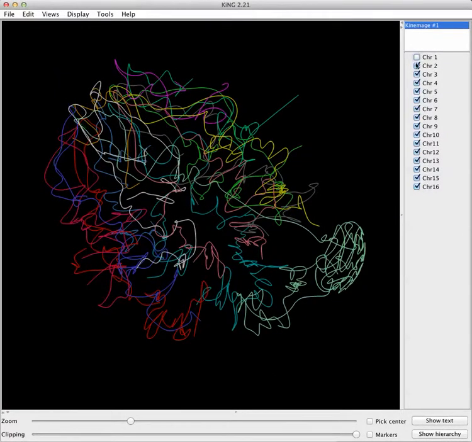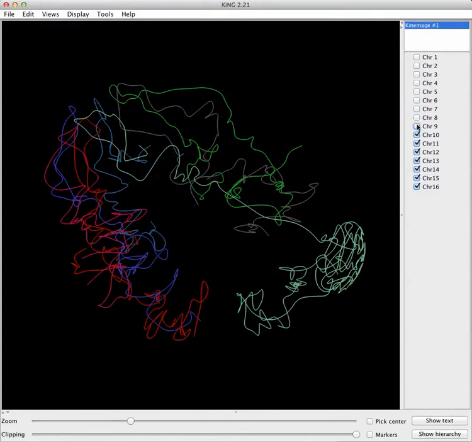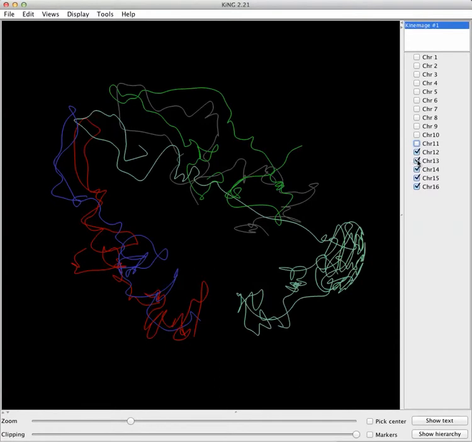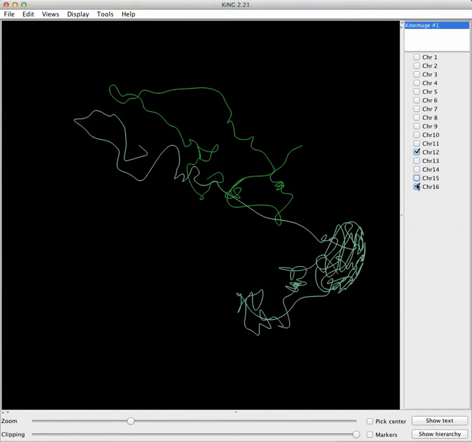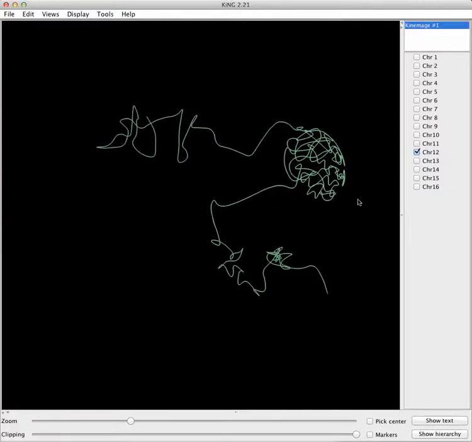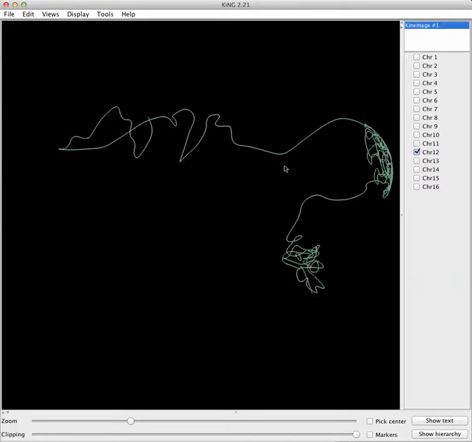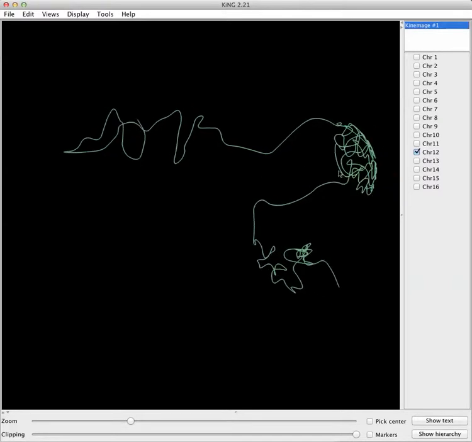Now, the most stunning aspect of this nuclear structure, at least to my way of thinking, is this chromosome 12. When you see this thing here, again, the resolution is only medium, but this is the only case in yeast where there's a whole huge clump of chromosomal structure that's interacting quite strongly with itself.